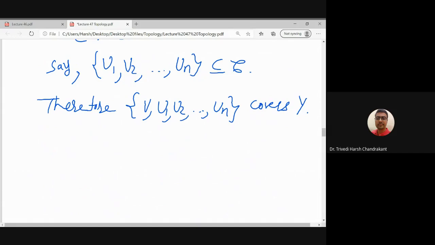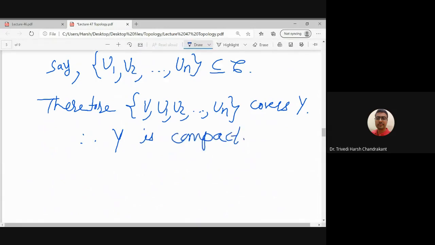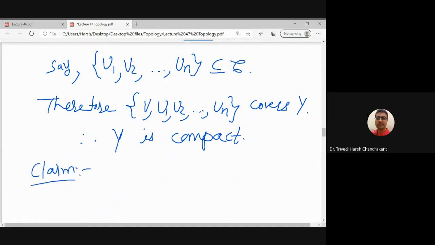So using this finite subcover and that open set, that will give the entire finite cover of Y. So therefore Y is compact, because for every open cover of Y we can find a finite subcover. So the last thing related to this we want to prove is that Y is Hausdorff.